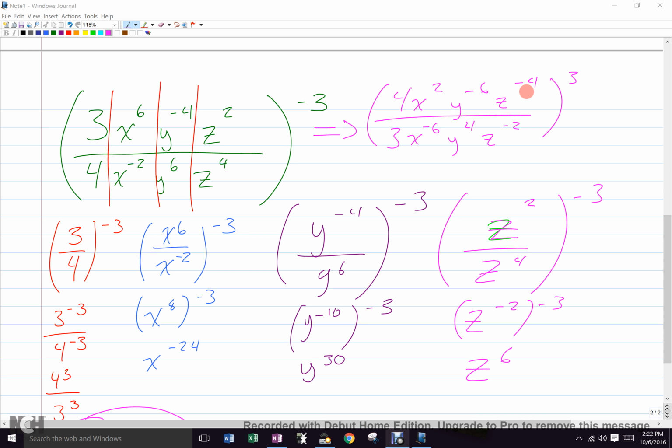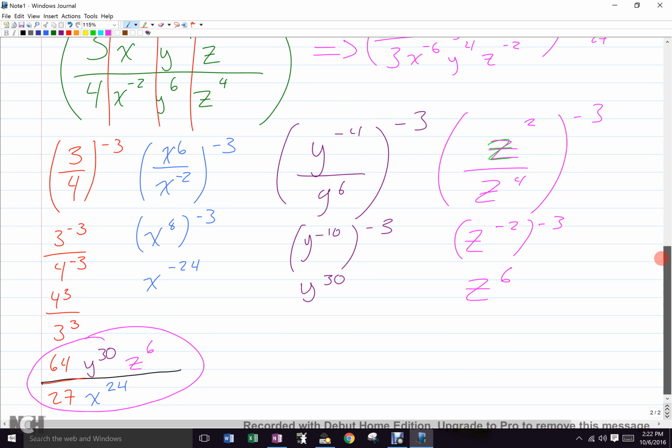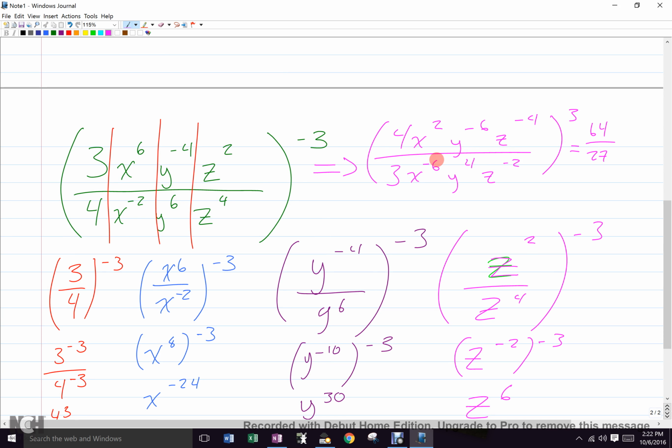Now, well, let's check. 4 cubed is 64. 3 cubed is 27. Are we okay? Yep. Negative 2 minus 6 is negative 8, right? Negative 2 minus 6 is negative 8 times 3 is what? 24.